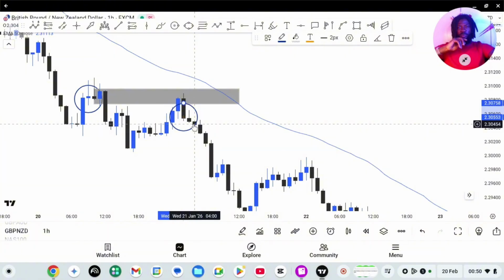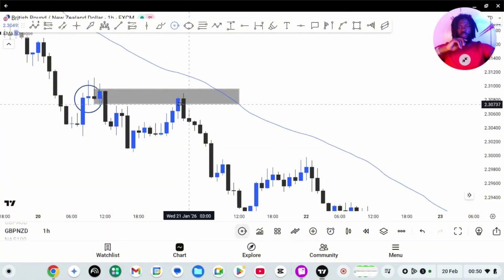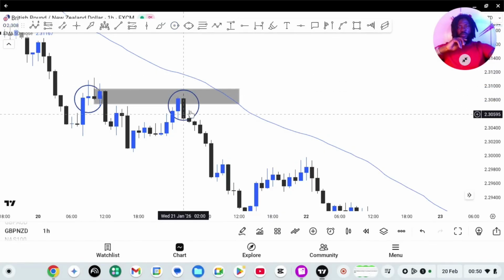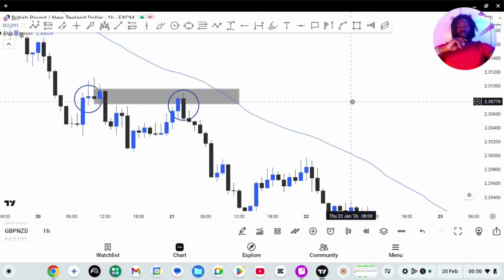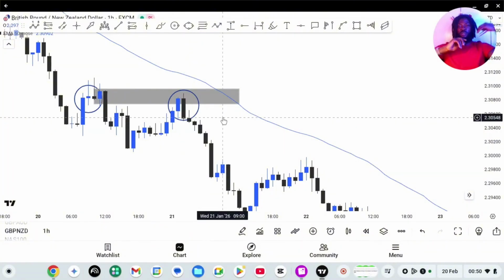This is a clear example of an engulfing candle. When the market got to our resistance level, which is our order block, we have a very strong bearish engulfing candle that gives us the final confirmation to enter this trade, to short this trade.